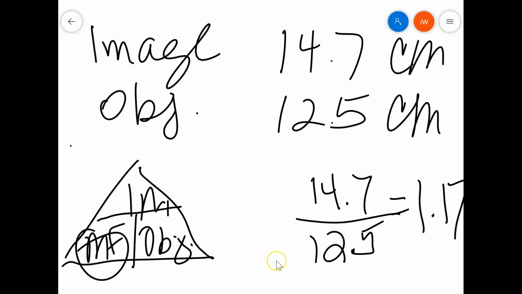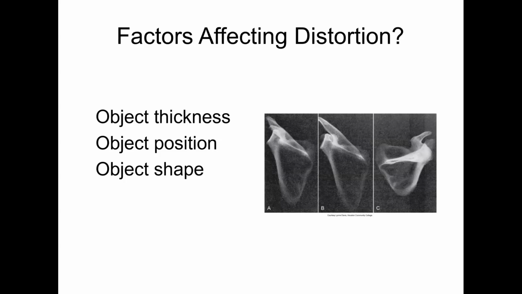By the way, for most radiographic images, the magnification factor is about 1.1. So we see that in this problem, it came out to be very close to what the average magnification factor is. Remember the factors affecting distortion are object thickness, object position, and object shape.